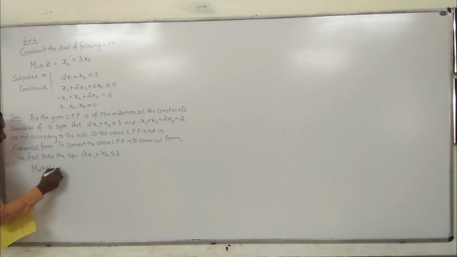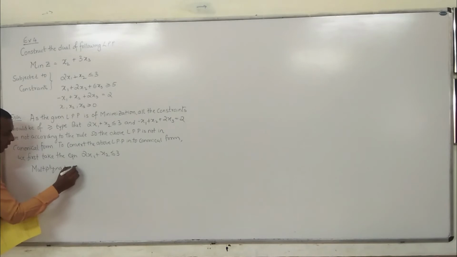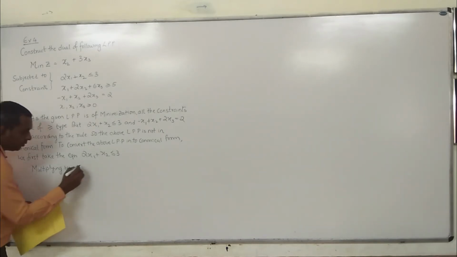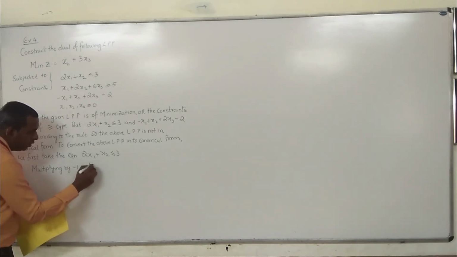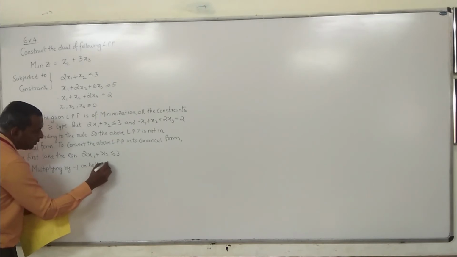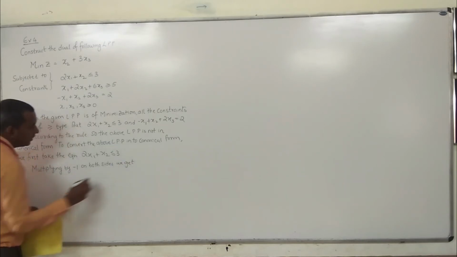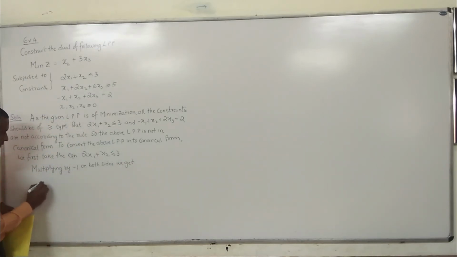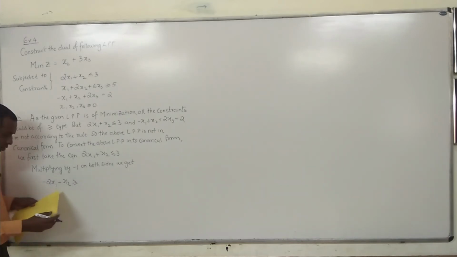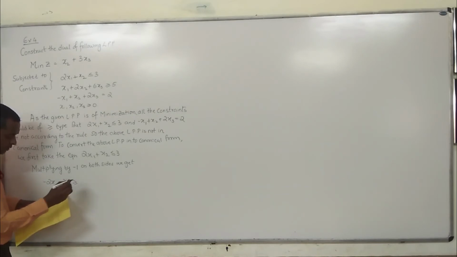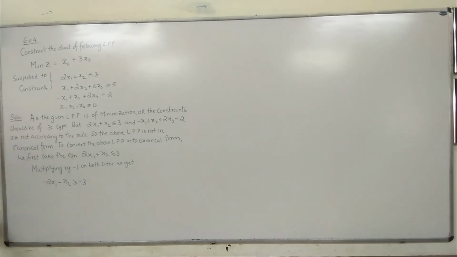Multiplying by minus 1 on both sides, we get minus 2x1 minus x2, and the right side is minus 3. So now it has become greater than or equal to.